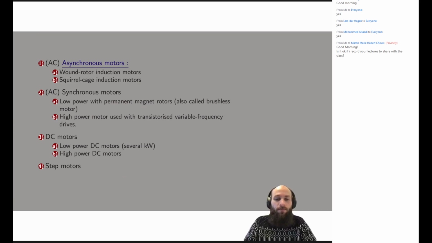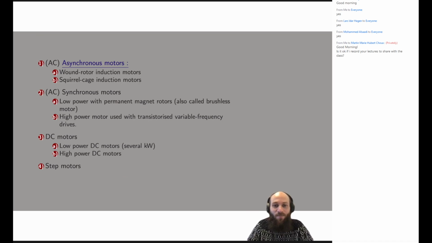The third group is DC motors. And today it is less than 40%, but it was much more historically, before power electronics was invented with semiconductors, when most of the electrical motors were DC motors. And it still takes time to remove all of them, I would say.